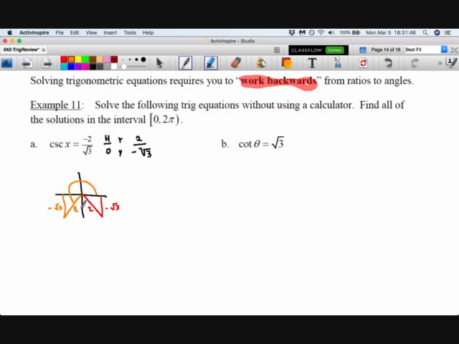So in this orange triangle, I'll draw it again for you down here. If that's root 3 and that's 2, then that must be 1. So this was the 30 or pi/6, and this must have been pi/3.